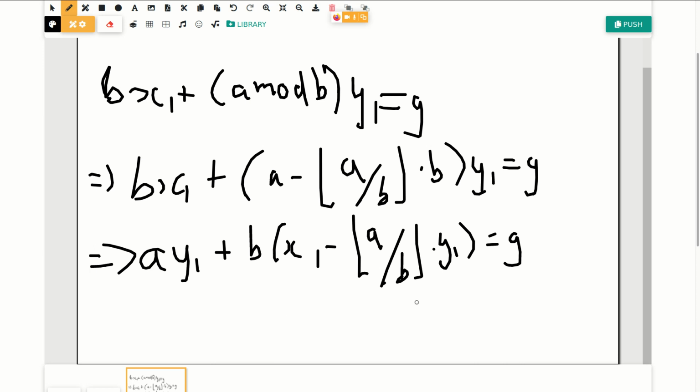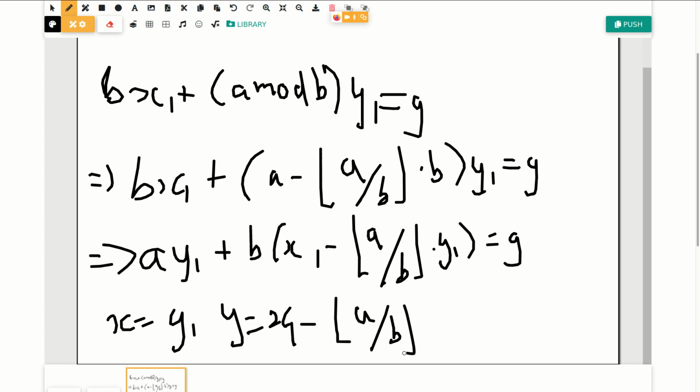So we can see the transitions here. x transitions into y1 as we go down, and y transitions into x1 minus floor of a by b into y1. Did everyone get this? Our base case is of course 1 comma 0. So we can build up here, and when we backtrack all the way to the top, we will get the answer stored in the x comma y variables. Does everyone get this? Is there any doubt?